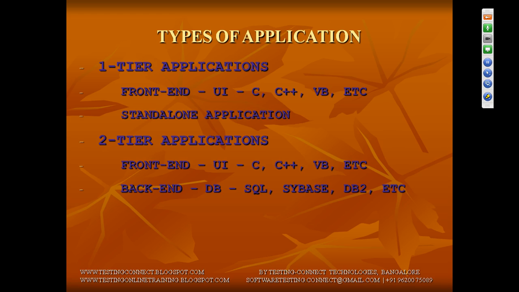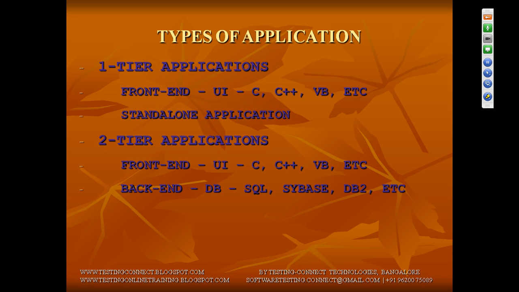Gmail is not a good example to explain this, but in Gmail you fill up first name, last name, middle name, all those fields. Click on the submit button, and as soon as you click it, that data gets stored in your back end database. Any application containing these two layers, you can consider as a two tier application.